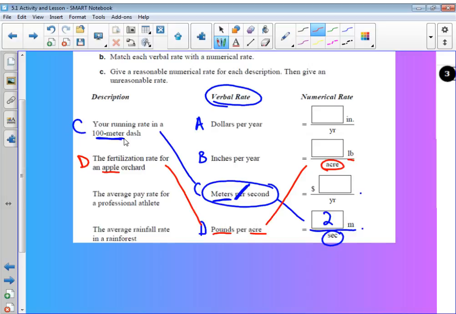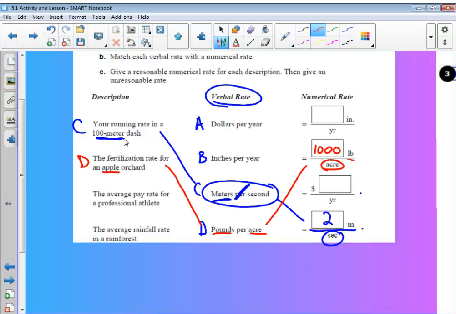So pounds per acre, we'll say maybe pounds of apples per acre, I don't know, 1,000. I really don't know. That would be something we would want to actually research. Maybe that number is way too small and maybe it's way too big. I don't know how many apple trees would be on an acre, but that's working with a description of a rate, a verbal rate, and also a numerical rate.